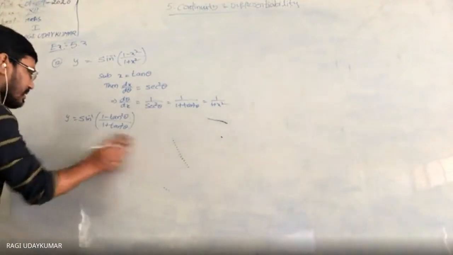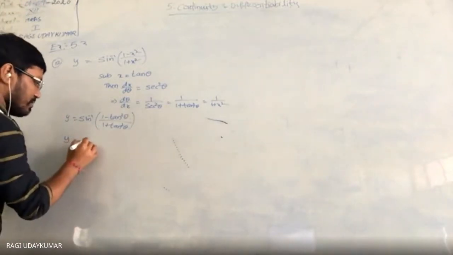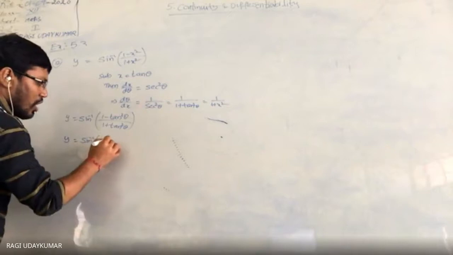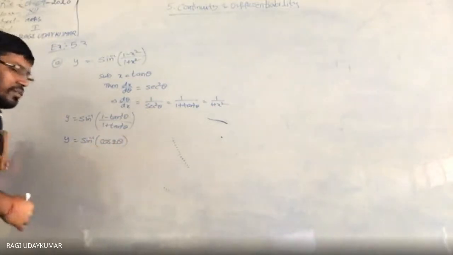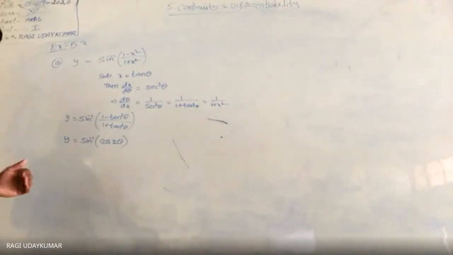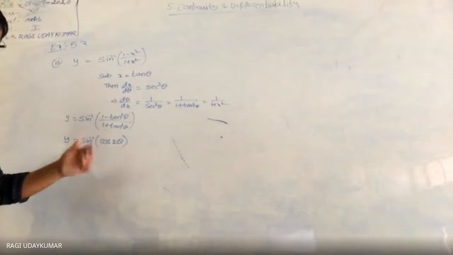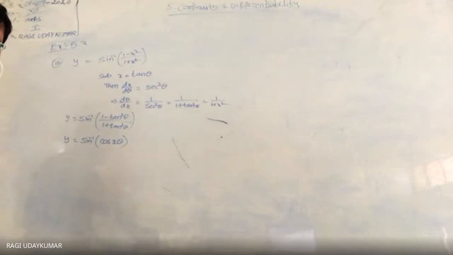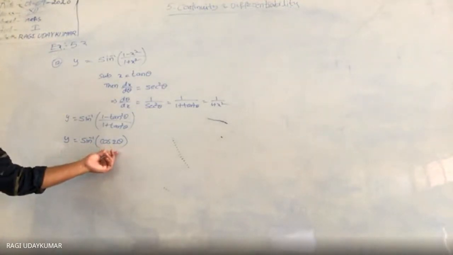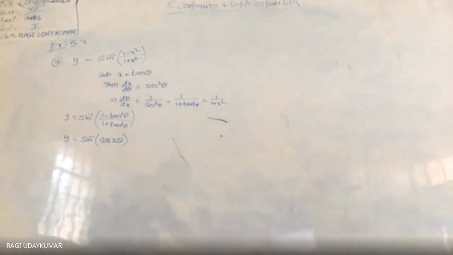Otherwise, you can write y is equals to sine inverse of cos 2 theta. Cos 2 theta, you write in terms of sine. Can you write cos 2 theta in terms of sine? You can write it in terms of sine. Sine y. Hello? Is it audible?